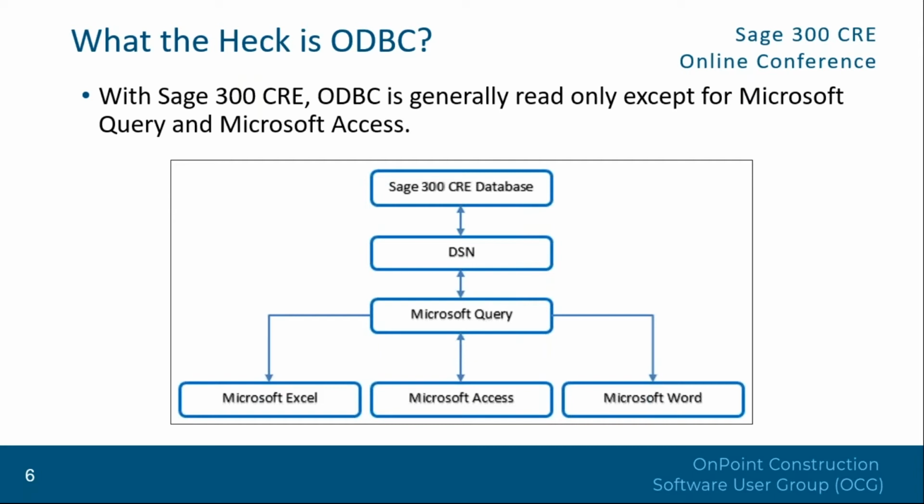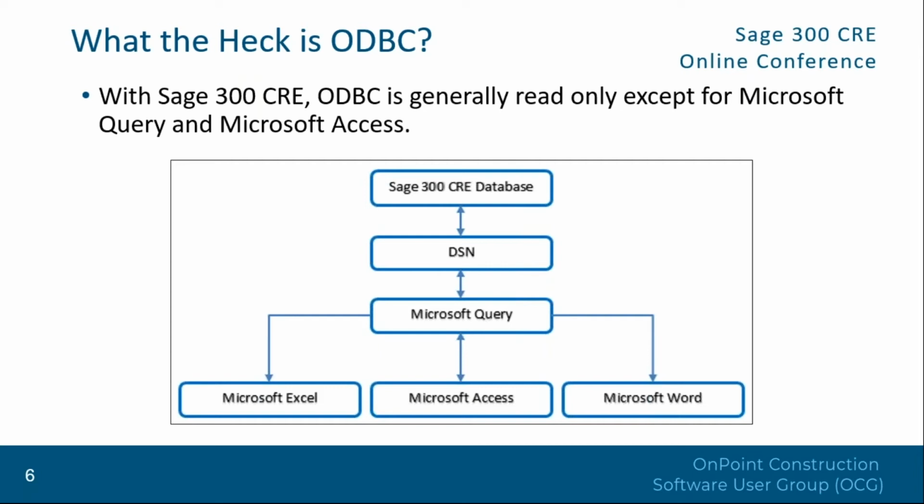And we have this DSN, this driver that we're going to be using to extract that. Now, if you look at Microsoft Excel and Microsoft Word on the side, you'll see that the arrow is one direction. When we are extracting data and using it in Excel and in Word, it is a one-way street. We can read the data, we cannot alter the data back in the original database.